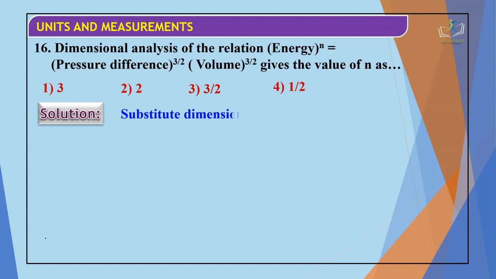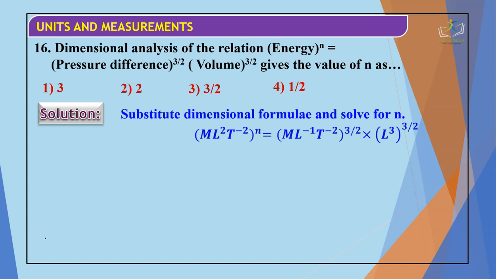Solution: substitute the dimensional formula and solve for n. We know energy is M L2 T minus 2 to the power n, pressure is M L minus 1 T minus 2 to the power 3 by 2, and L3 is volume to the power 3 by 2.